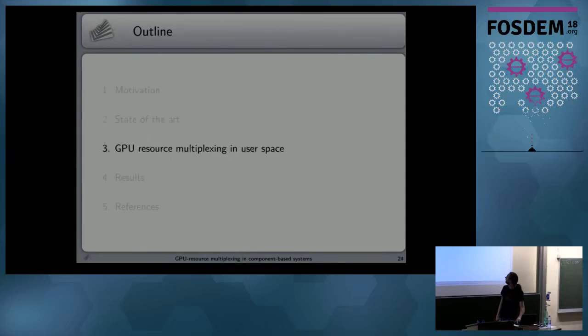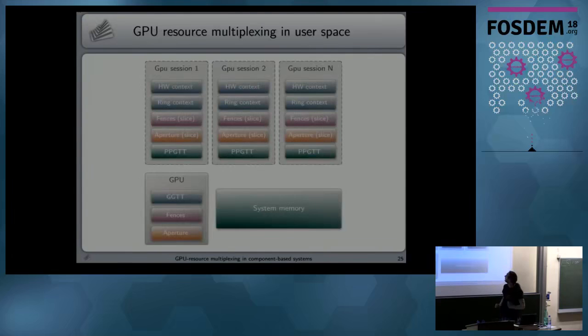Okay, so now, this is what I just explained, and how we did it on Genode is we have this notion of sessions. You have your GPU multiplexer in user space, not on hardware, but in kernel space.